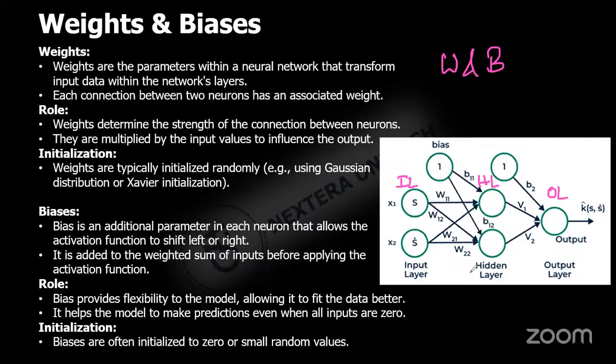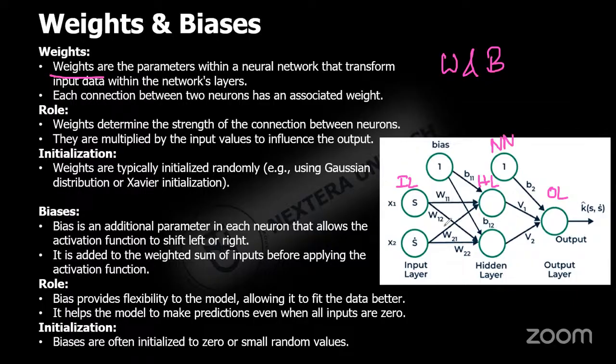This is a fully connected neural network, the reason being each and every neuron is connected to every neuron present in the next layer. Observe properly, guys. What exactly are weights? Weights are nothing but the parameters within this neural network.